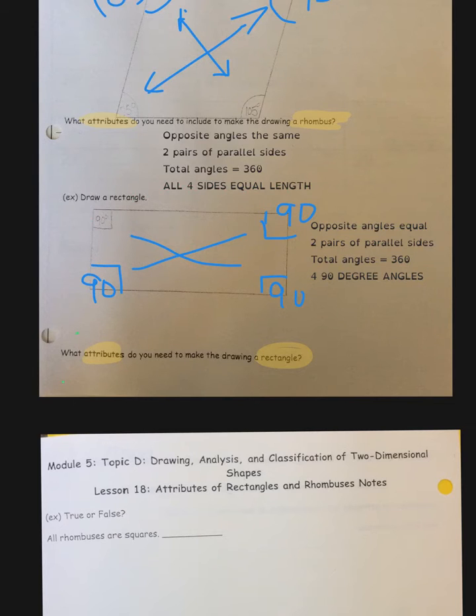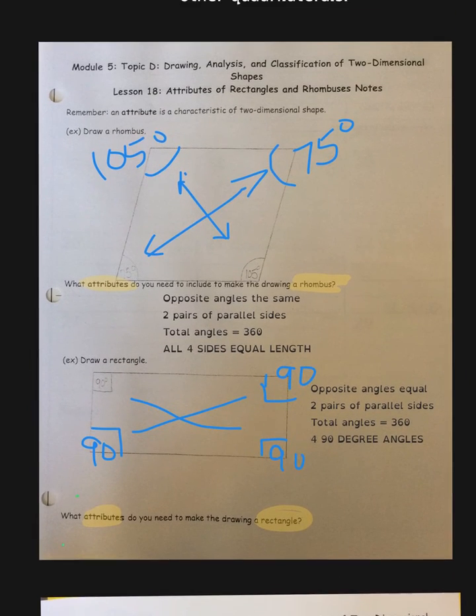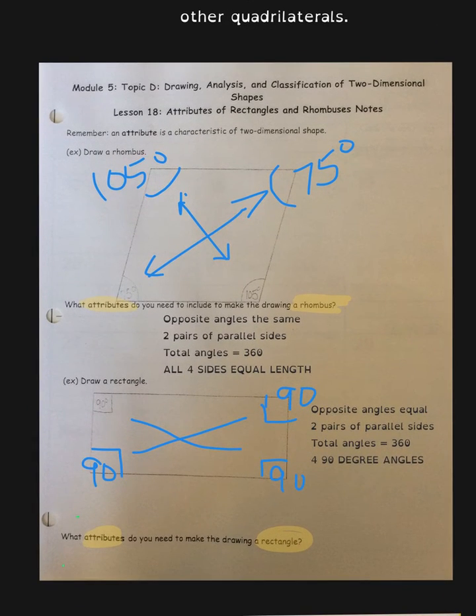This one has to have 4 90-degree angles. Okay? It doesn't have anything to do with sides, just has to do with the 4 90-degree angles. That makes it a rectangle. All right? Now you have the 4 attributes of a rectangle. You also have the 4 attributes of a rhombus. Okay, rhombus attributes, rectangle attributes.